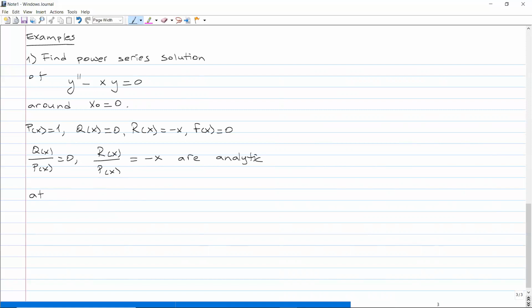If your function is already a polynomial, you can consider it as a power series with only finitely many terms.